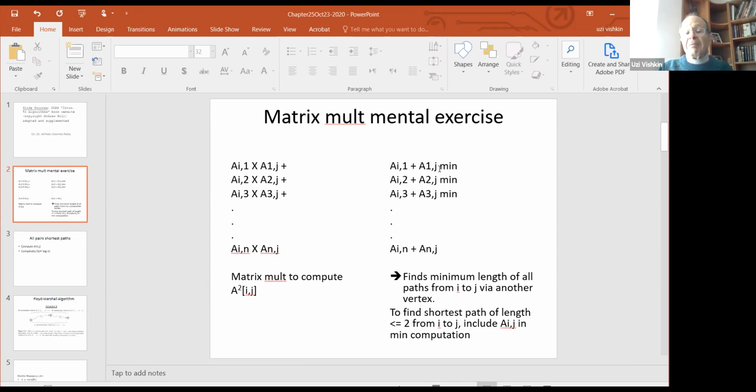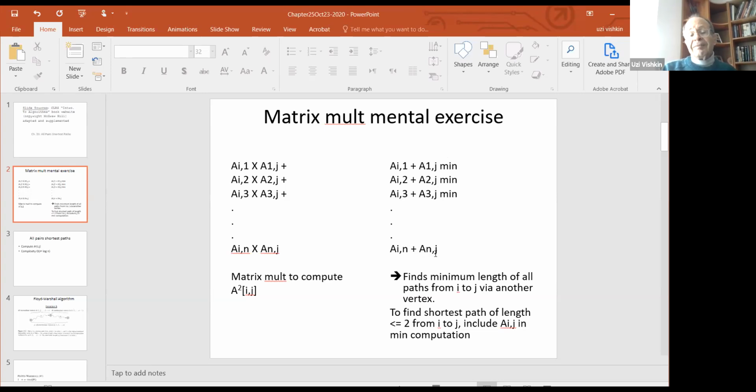So I'm going to take the minimum between this and the possibility of going from i to vertex 2, from 2 to j, and again I apply a minimum. Then I go from i to 3, from 3 to j, and apply a minimum to all of this. So I basically do all these different things, and I take the minimum of all of them. So here you have all the intermediate vertices on the path from i to j where I can stop.